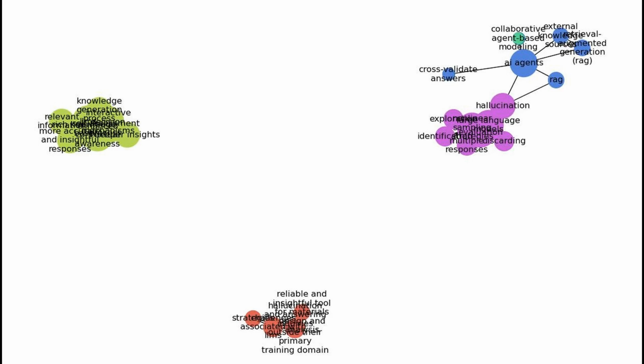Through these strategies, the study effectively mitigates the challenges associated with LLMs, especially regarding hallucination and answering inquiries outside their primary training domain, leading to a more reliable and insightful tool for materials design and analysis.